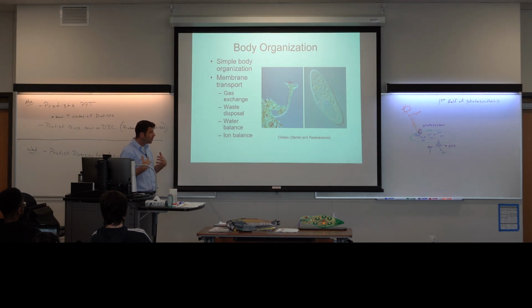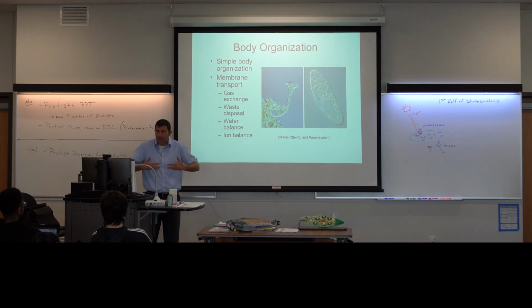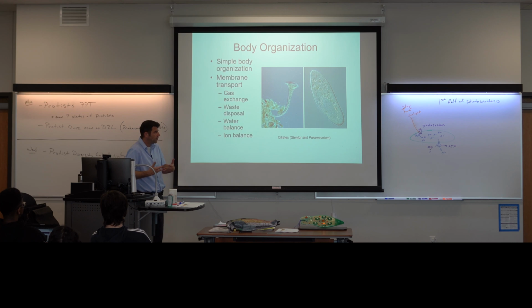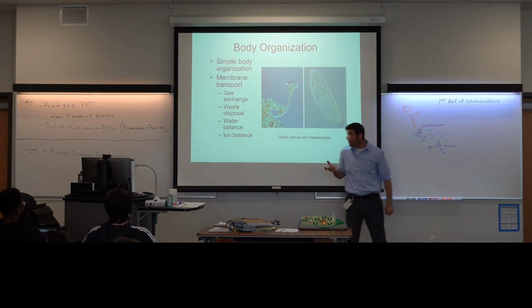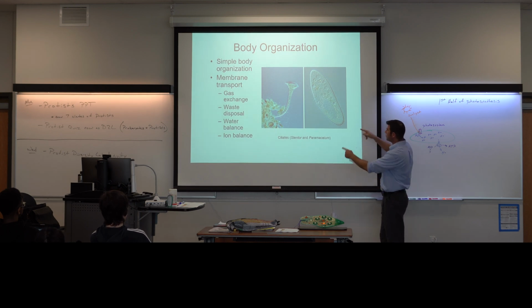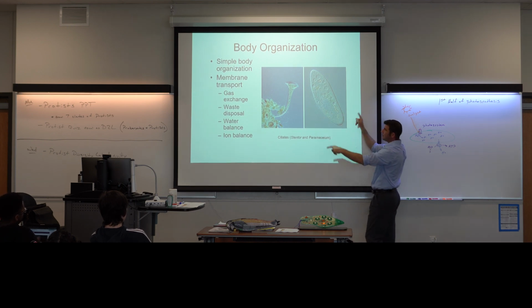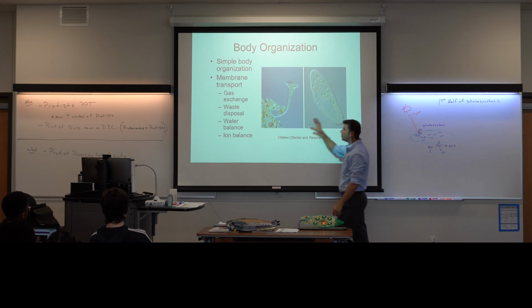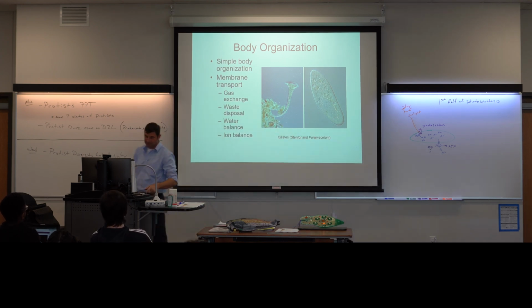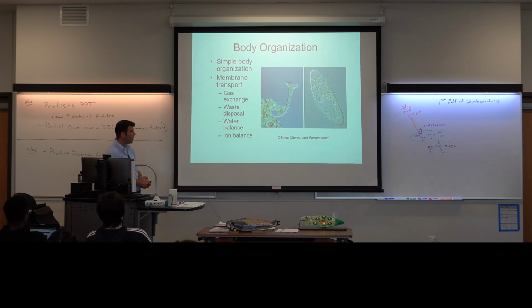So we have things like a circulatory system and a respiratory system set up to get gas like oxygen into the bloodstream, into the cells, and wash carbon dioxide away. These cells, since they are tiny enough, have plenty of surface area for gas exchange, for oxygen to diffuse in and for other gases like carbon dioxide to diffuse out. So we don't see any complex internal organ systems set up. Most of the gas and the waste exchange can take place just across the surface of the plasma membrane.